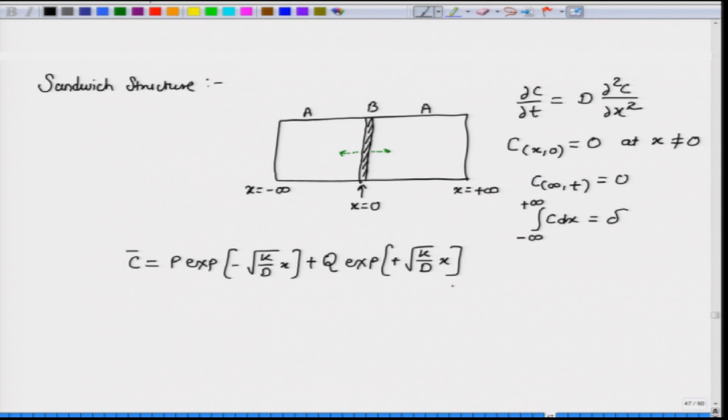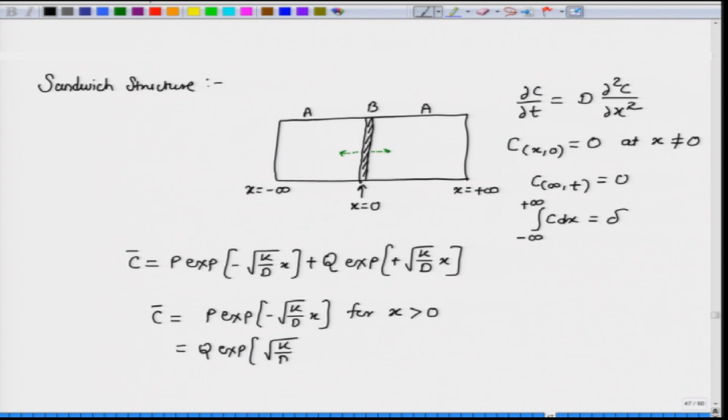Similarly, for positive values of x, the second part should not be there, right. So, we can write C bar is actually p exponential minus root s by D x for all x greater than 0, and it is equal to q times exponential plus root s by D x for all x less than 0.